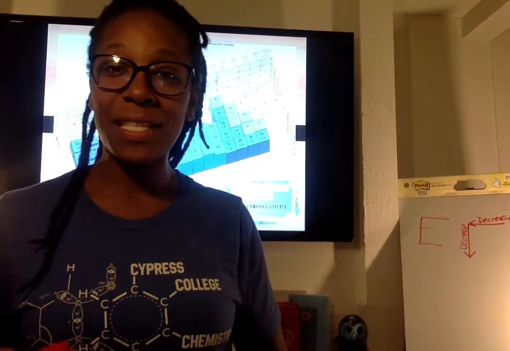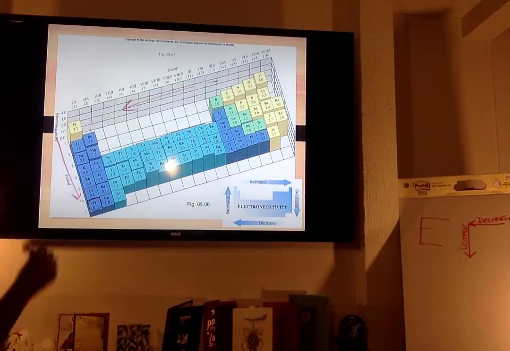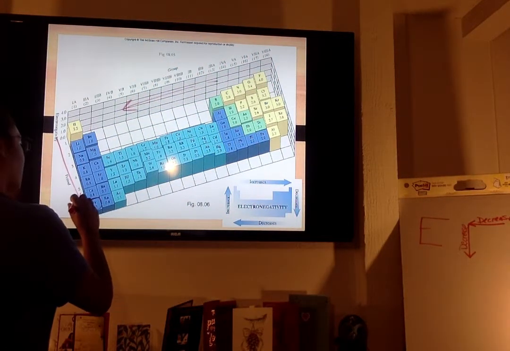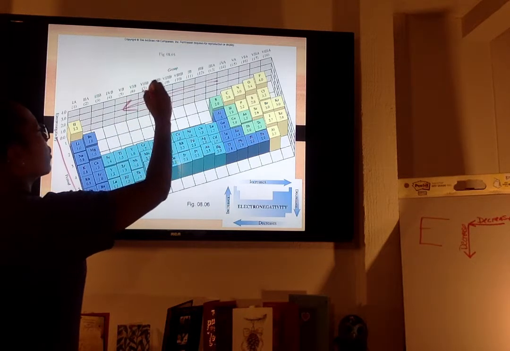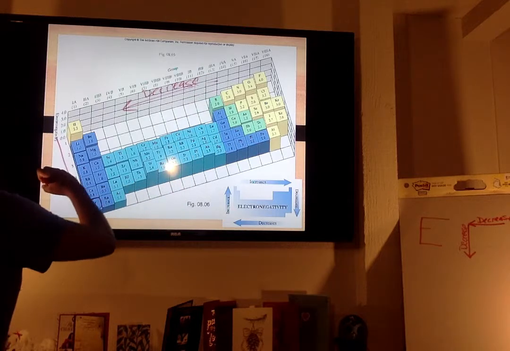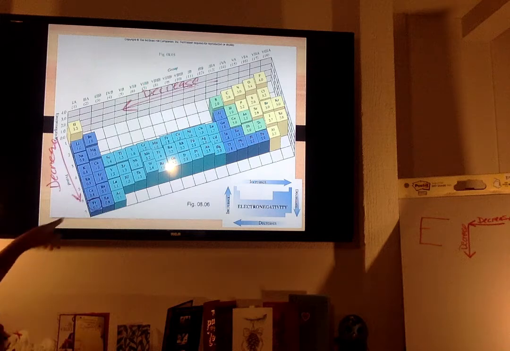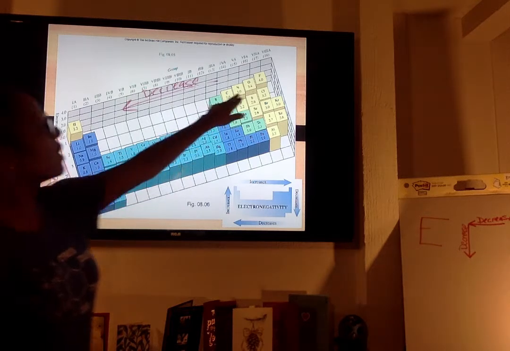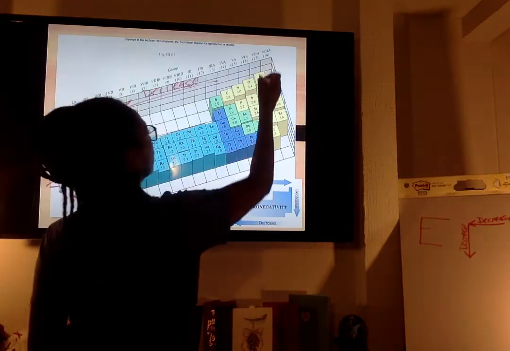Francium, we never use that, so I wasn't sure what that was. It's not common. But francium is the smallest, so decrease, decrease. This is going to be the smallest, and fluorine is the largest.